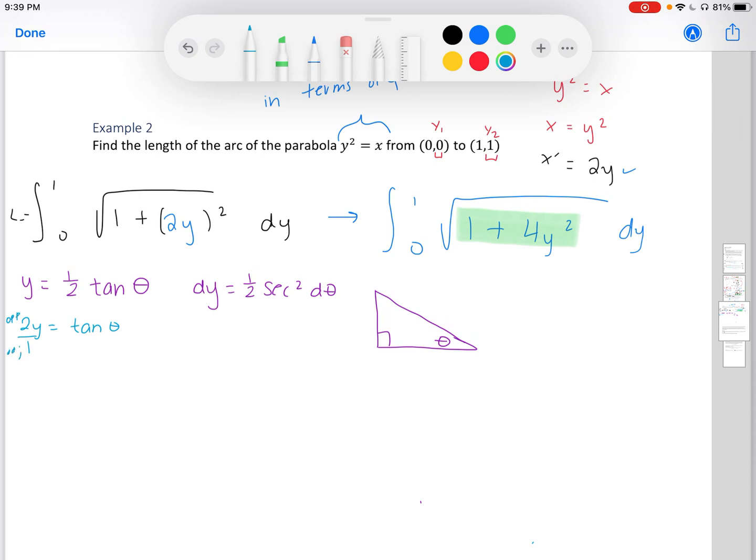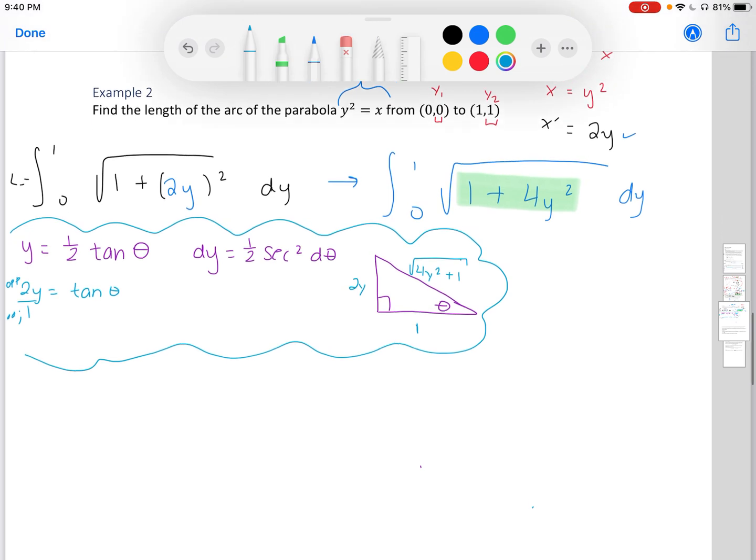So the opposite will have 2y, the adjacent will have 1, and our hypotenuse will be the square root of 4y squared plus 1. This is just our setup, so we don't forget to find those values. Let's go back to our integral.